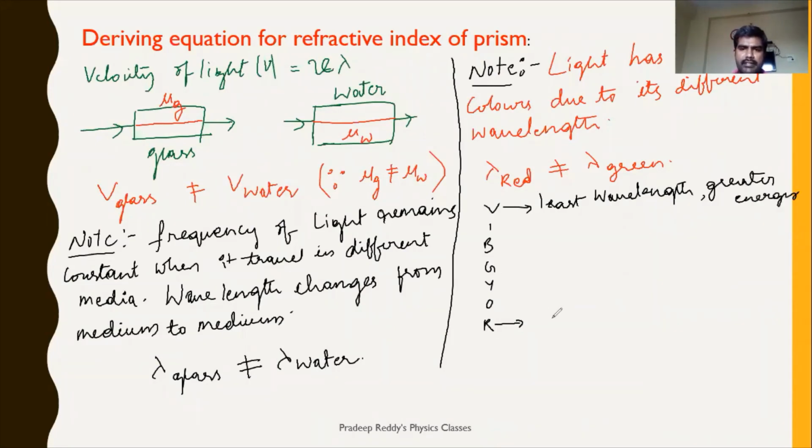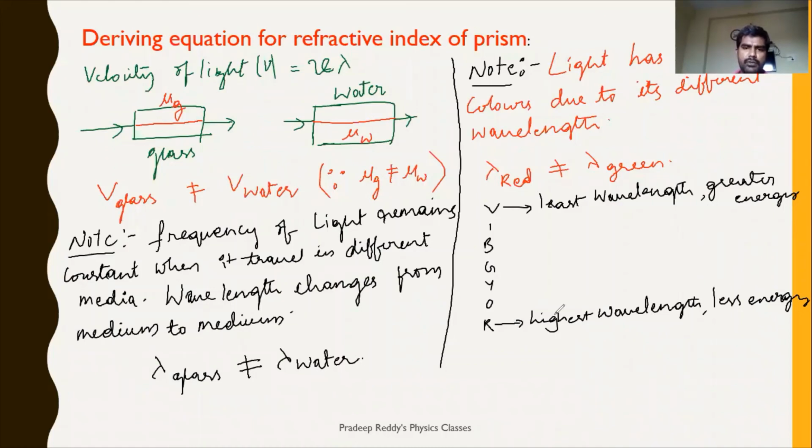Similarly, red has highest wavelength and less energy, of course. So different colors have different wavelengths. Corresponding to their wavelengths, they will have different energies. Initially the wavelength of violet is very less, and then come indigo, blue, green, yellow, orange, and red. Red has the highest wavelength.